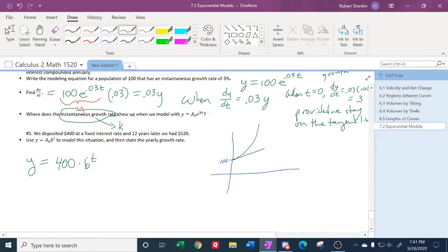Now, the b is usually like, if we knew that we were growing at 3% or 5% per year, suppose it was 5%, then I would use b to be 1.05. But I don't know what the interest rate is. 12 years later we have $520.